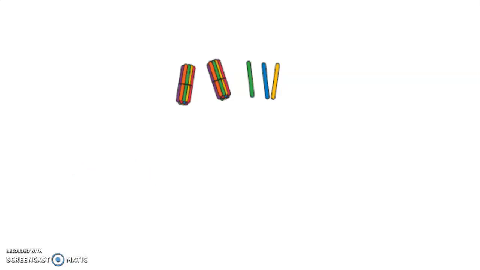This time I see more than one group of 10, so I would count those first. Counting by tens, 10, 20. That's two groups of 10. I don't see any more, so I have to stop and count by ones. What number comes right after 20? 21.